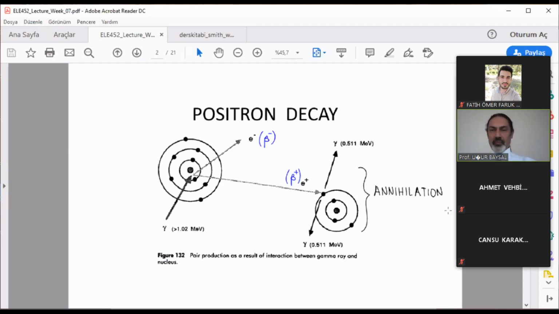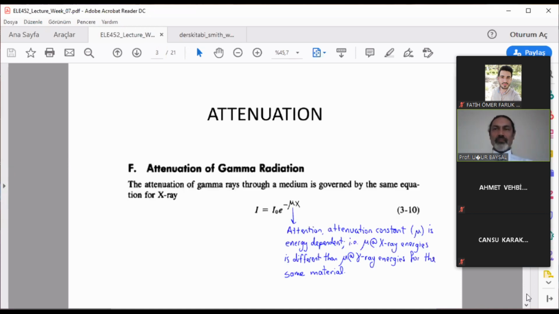So positron imaging is done in creating positrons in an organ, because in that organ, those positrons create those rays, okay? So they are used for imaging.